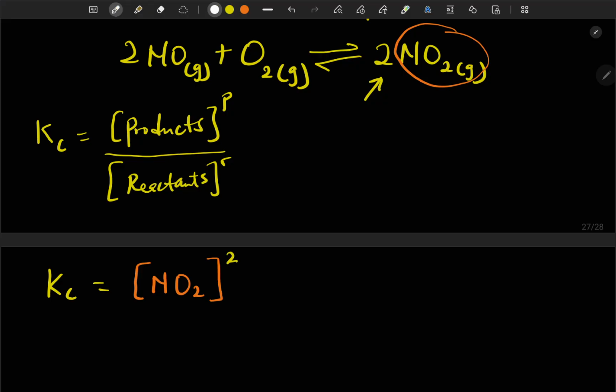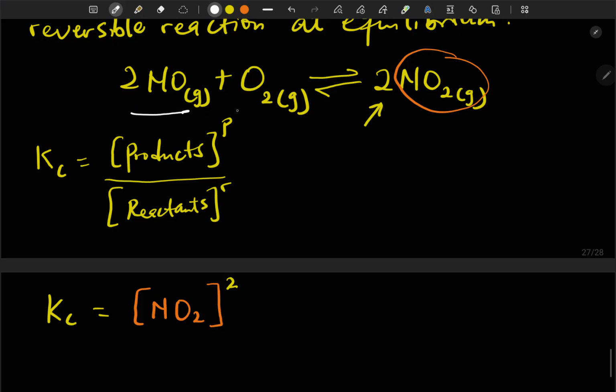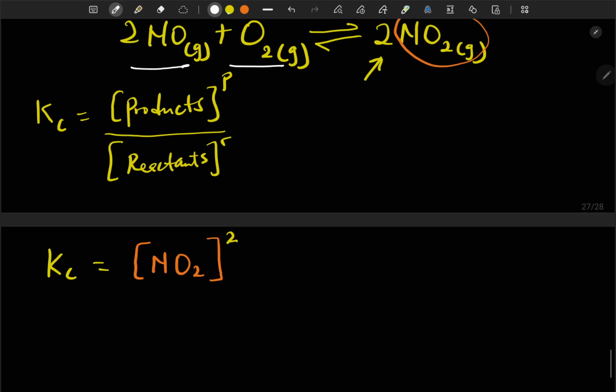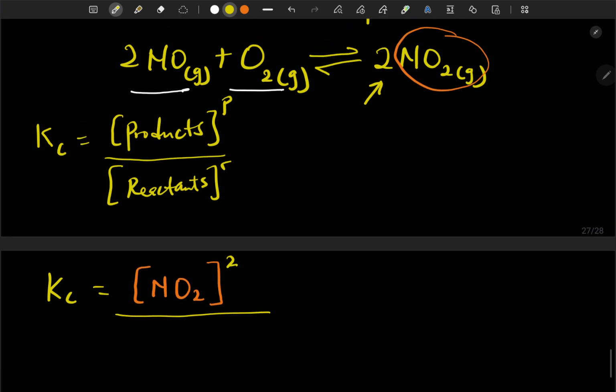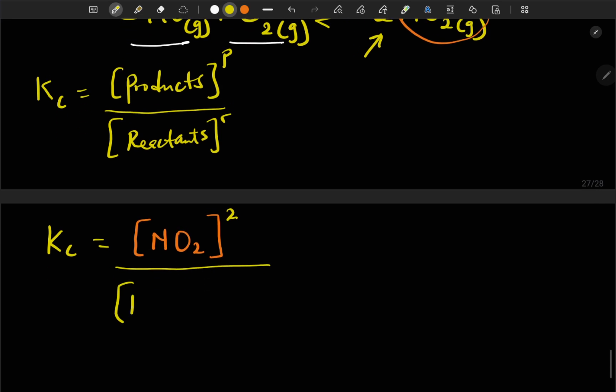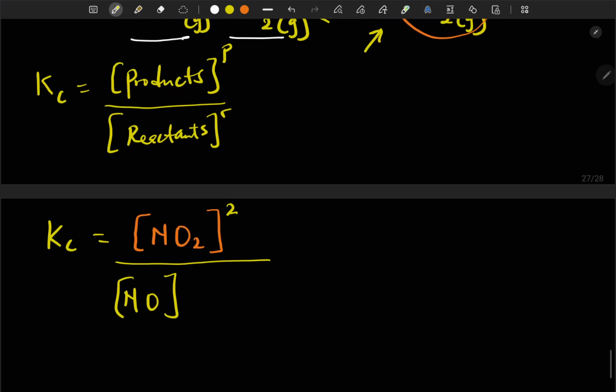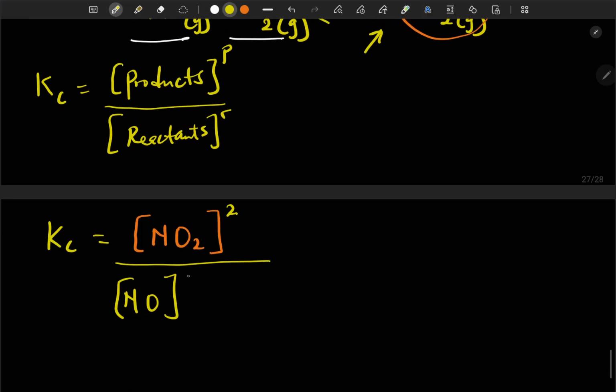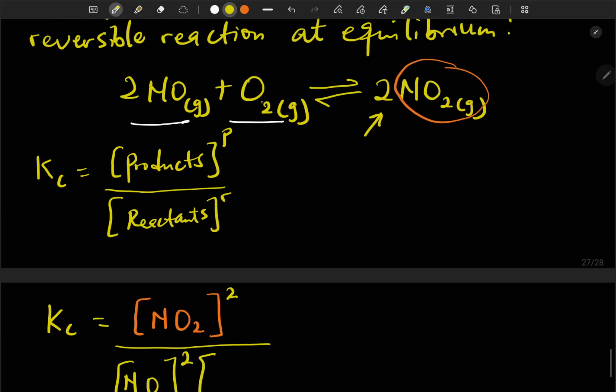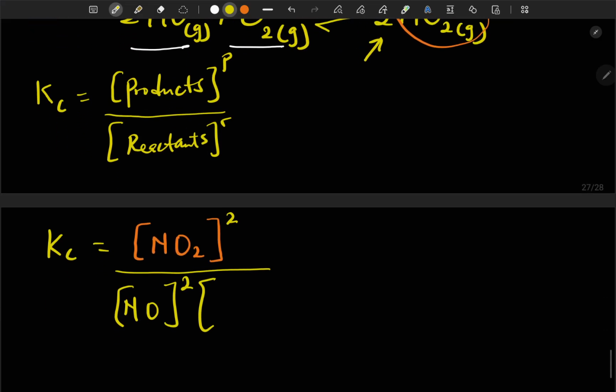And at the reactant side, we have NO and O2. So we are going to have divided by the concentration of reactant NO raised to the power of moles of reactant, that's 2, multiplied by the concentration of the other reactant, O2.